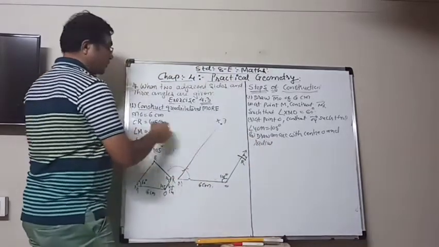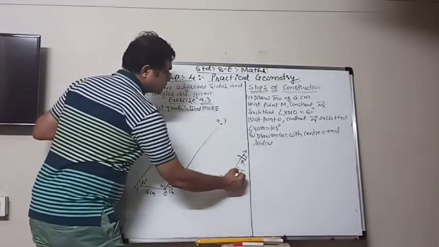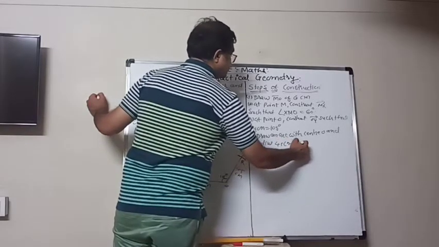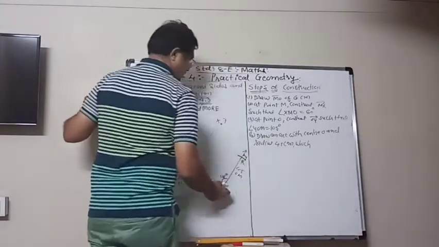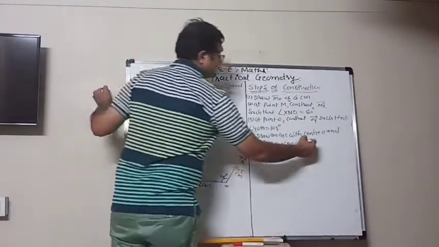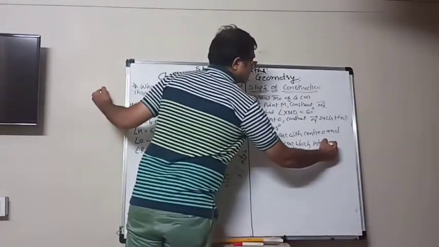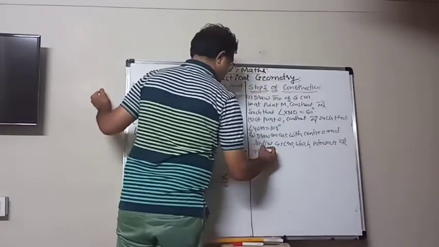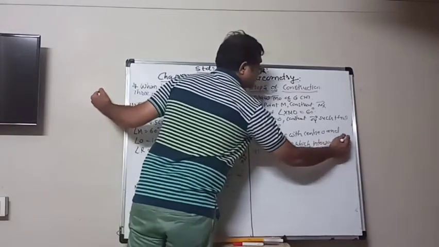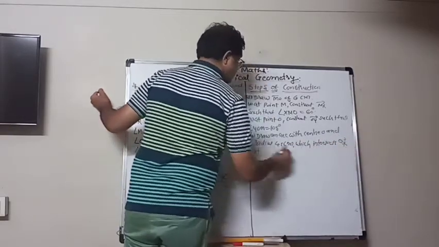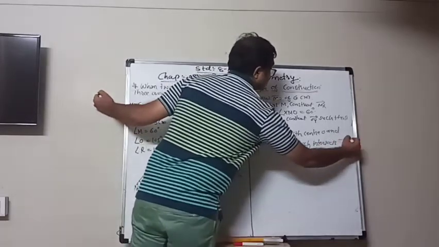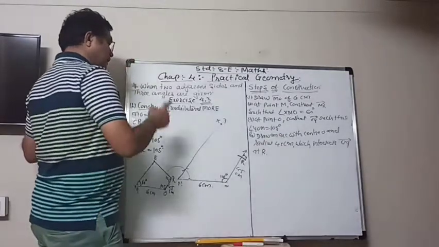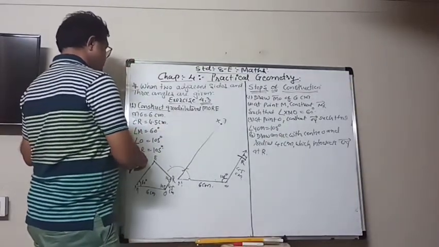How much is the radius? 4.5 centimeter, which intersects ray OY at R. Now again, angle R is how much?